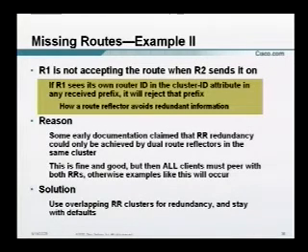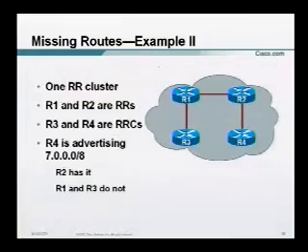If you set the cluster ID the same on two route reflectors in the same cluster, then each route reflector assumes that you're running a full mesh from the clients, so each client will peer with each route reflector. But what people tend to do is set up client peerings with the route reflector that's closest, and they end up with black holes in the network.